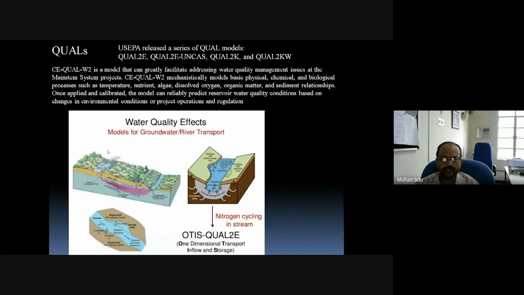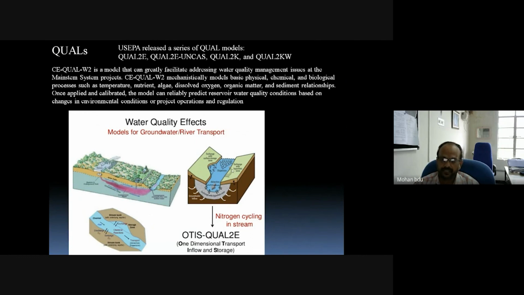You can see here in this picture, the model can greatly facilitate addressing the water quality management issues at the mainstream projects. It mechanistically models the basic physical, chemical, and biological processes: temperature, nutrient, algae, dissolved oxygen, organic matter, and sediment relationship. Once applied and calibrated, the model can reliably predict the reservoir water quality conditions based on the changes in the environmental conditions or the project operation and regulation.